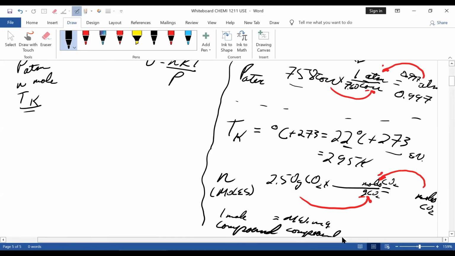And where do we get that number? Carbon dioxide has 1 carbon, 2 oxygen, 1 times what? The atomic weight of carbon. Where do you get that?